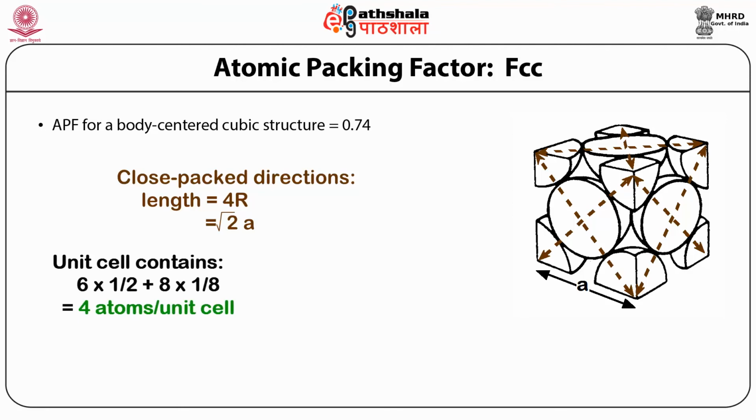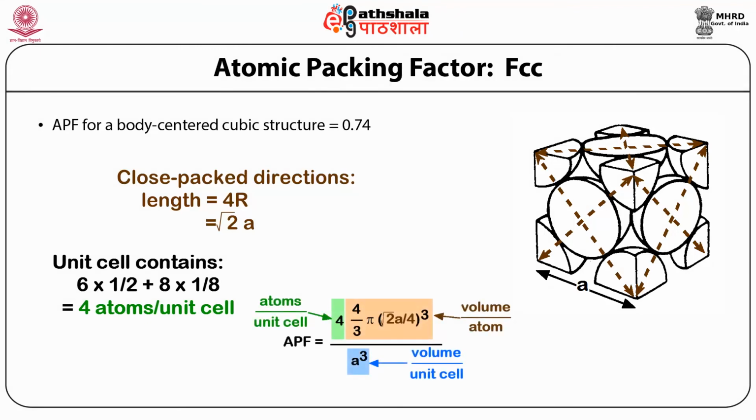The unit cell contains 4 atoms per unit cell. These 4 atoms per unit cell come out by utilizing the formula, that is 6 times 1 by 2 plus 8 times 1 by 8.